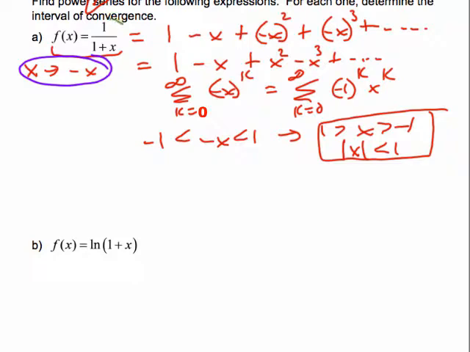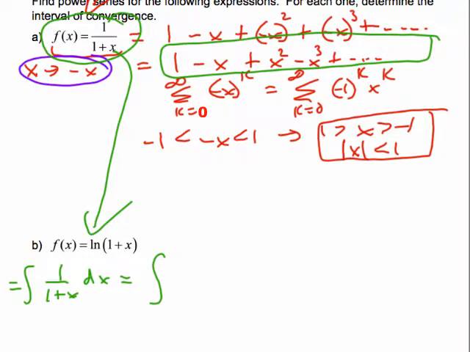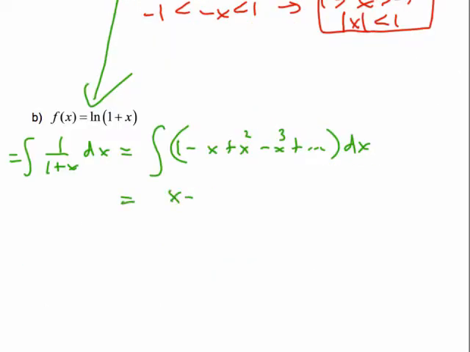Well, I could get that if I integrate this function, that will become this. And so integrating this means I can integrate the series I just developed for 1 over 1 plus x. Now don't forget your constant of integration.